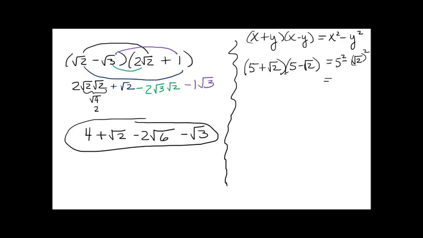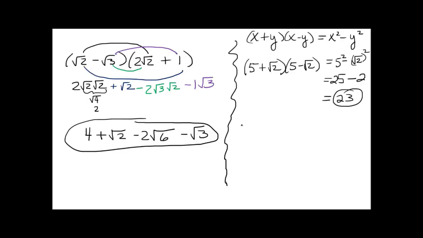You can see that if you FOIL it out, the way that I FOILed out the previous problem, the middle terms actually cancel. So you end up with 25 minus the square root of 2 squared; the root and the power cancel out, and we just get 2. So we're going to have 23 for that one.